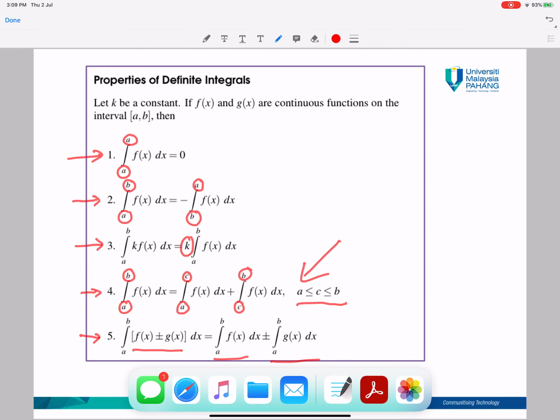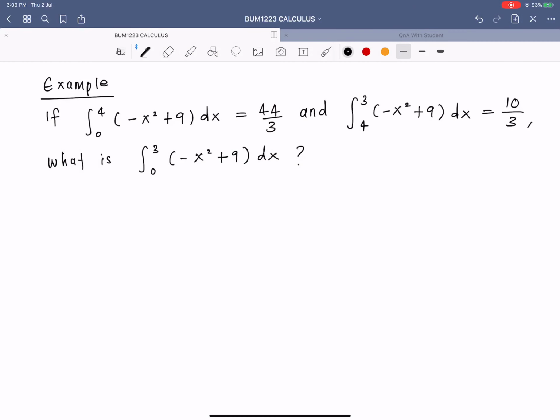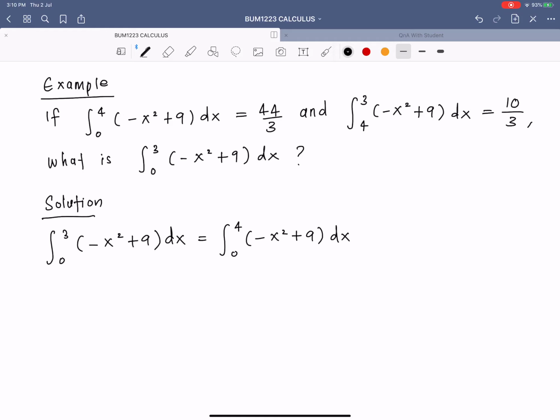So therefore, solution: the integration from 0 to 3 of negative x squared plus 9 dx is equal to the integration from 0 to 4 of negative x squared plus 9 dx plus the integration from 4 to 3 of negative x squared plus 9 dx.